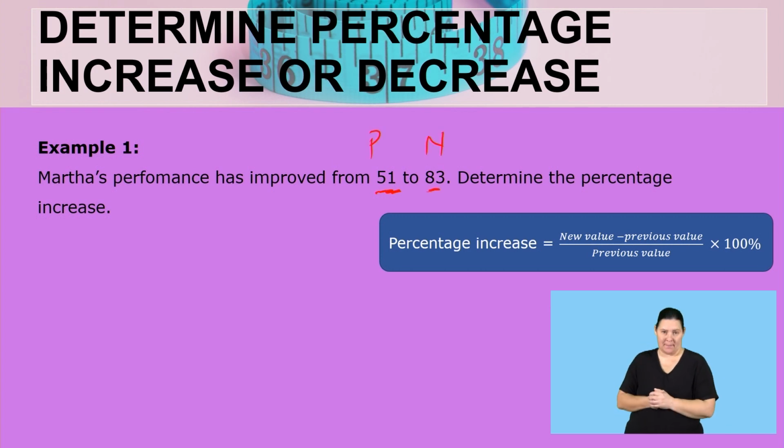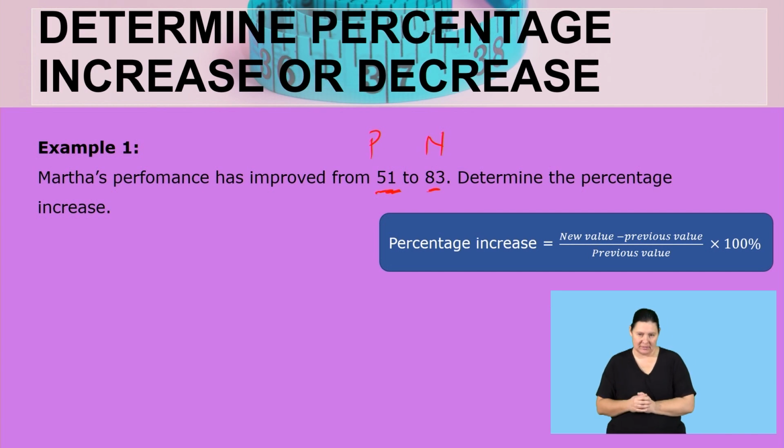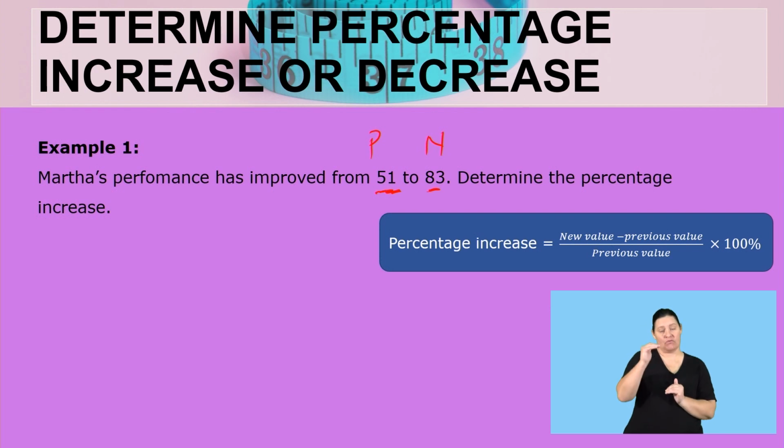The examiner will not tell you that this is the new, this is the previous. The order in which it is given will tell you which one is the new one and which one is the previous one. So we say it has improved because previously it was 51%, now it is 83%.